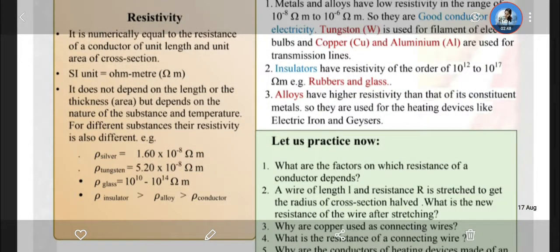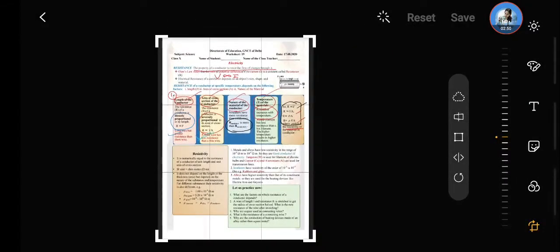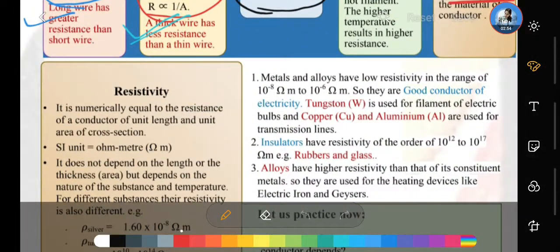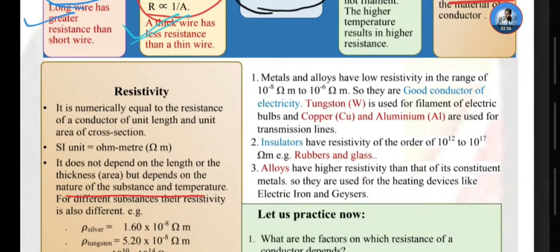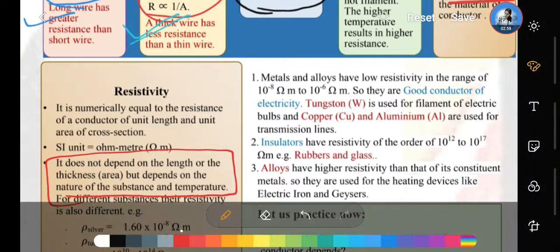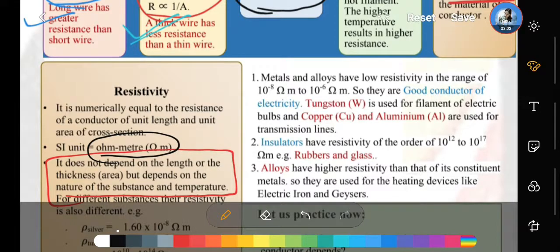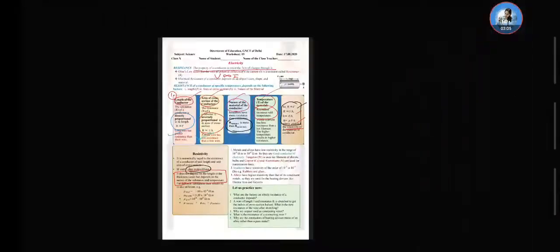It doesn't depend upon the length and area, it only depends upon the temperature and the nature of the substance. The SI unit is ohm meter. Here the values of resistivity are given to you.